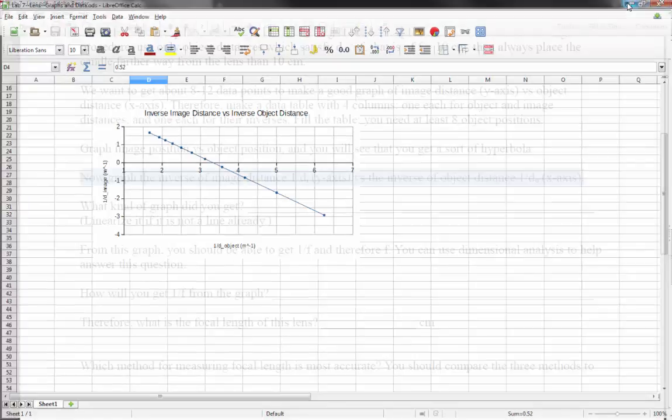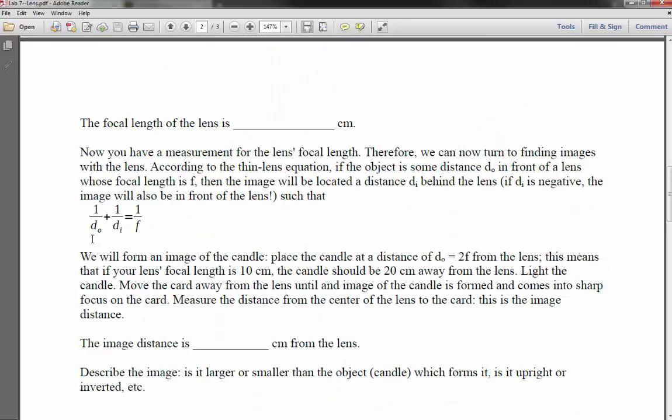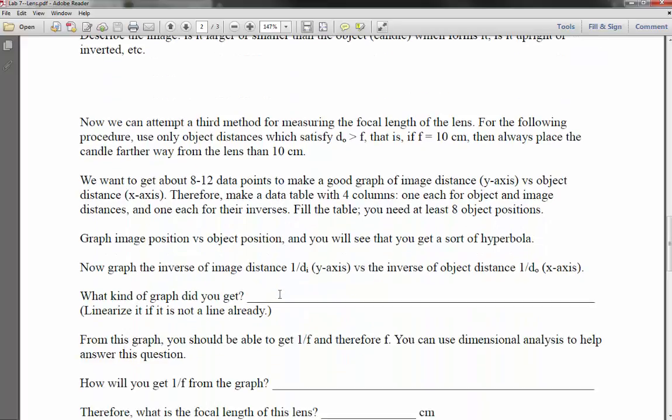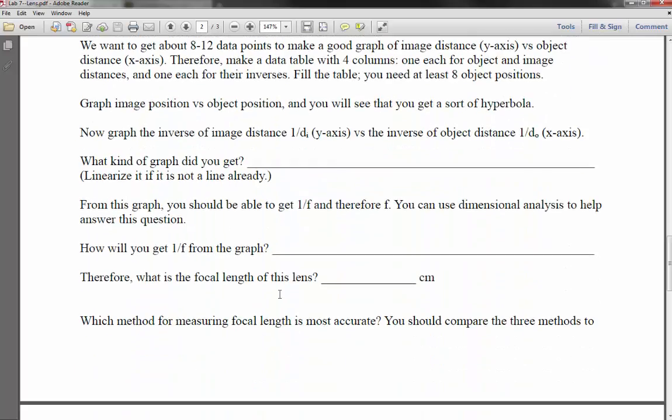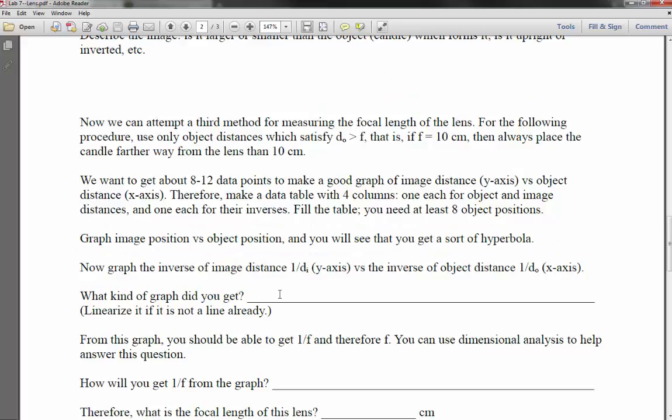If you go up to the equation that's given, 1 over do plus 1 over di equals 1 over f, and you put in a 0 for either 1 over do or 1 over di, then whichever is left over equals 1 over f. So both of the intercepts are going to give you the focal length.